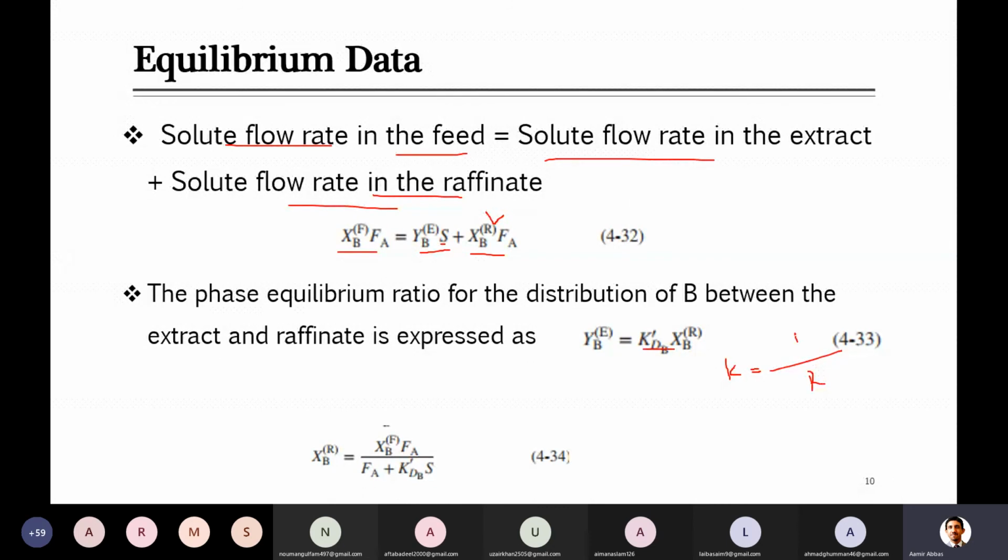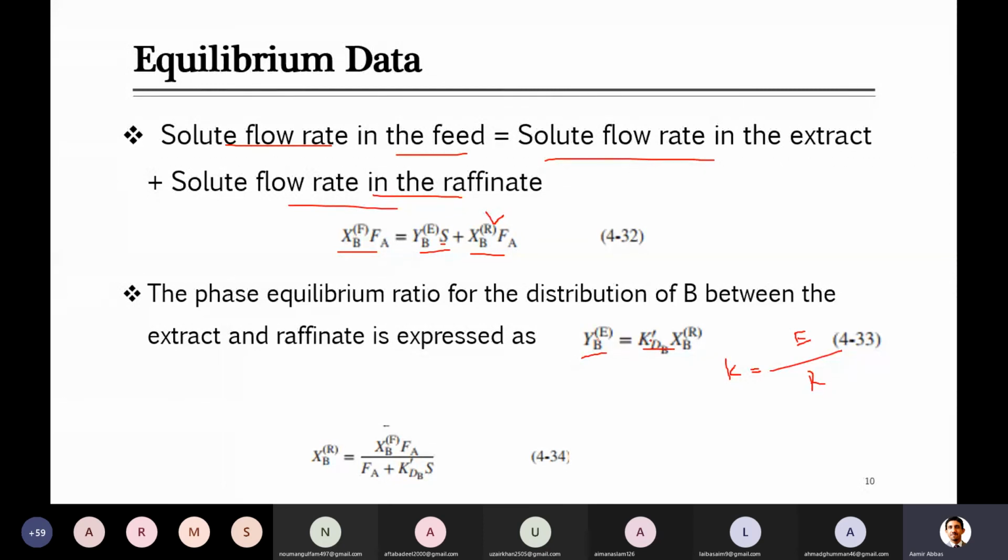Because we are talking about mass and mass ratio here, we write the distribution coefficient for component B between the two phases as the mass ratio of this component in the extract phase to the mass ratio of this component in the raffinate phase. So we are just representing the same thing in the form of these mass ratios.